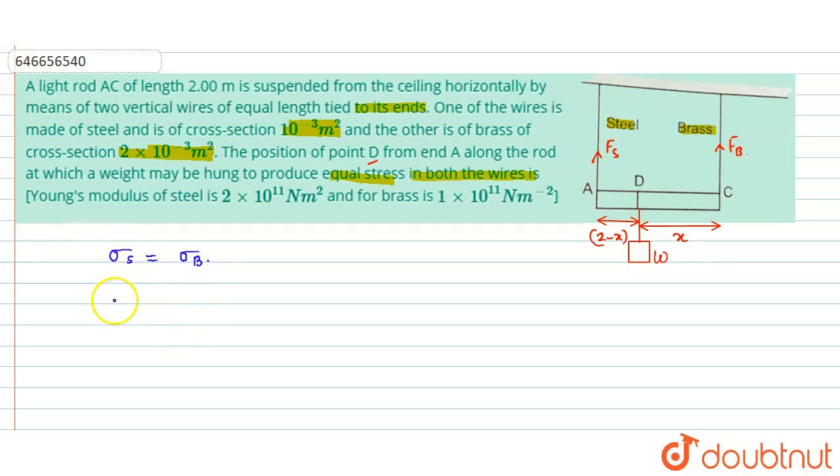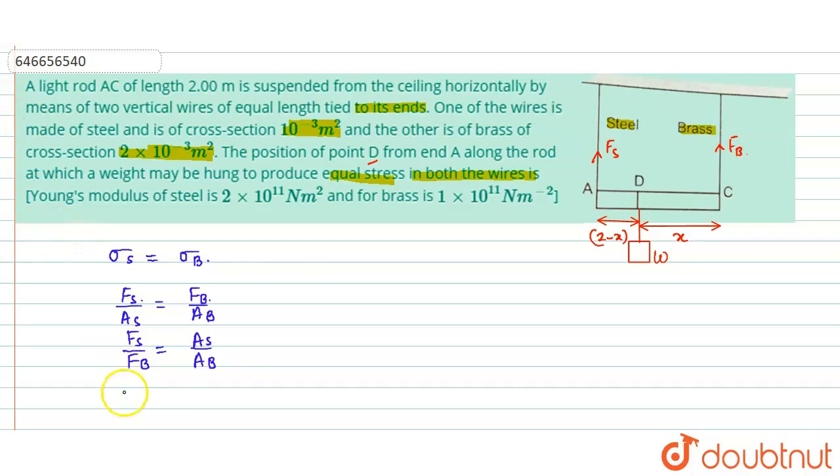Let us now try to put the values. What is the value of stress here? The stress is simply force in steel divided by area of steel, and this is equal to force in brass divided by area of brass. So the ratio of force in steel to force in brass is equal to the area of steel divided by the area of brass. We have been given the cross-sectional areas in the question.